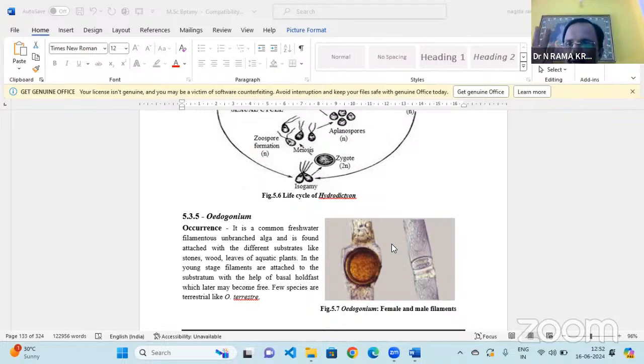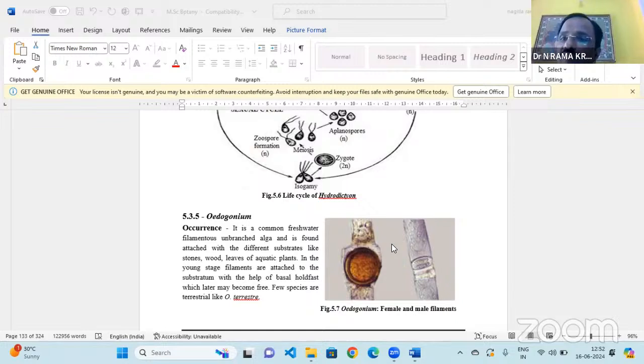This is the Ulva. It germinates, one is male, the second is female. Some sections are modified, containing the genes.